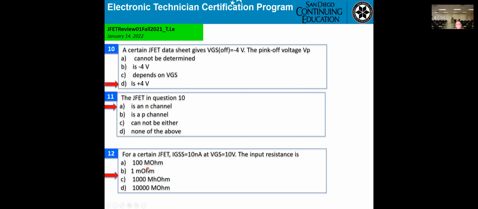12. A certain JFET, IGSS 10 nanoamp at VGS 10 volt, input resistance. The answer will be 1 megaohm. You just use one formula that you can remember to calculate that. So the answer is B then, right? Yeah.